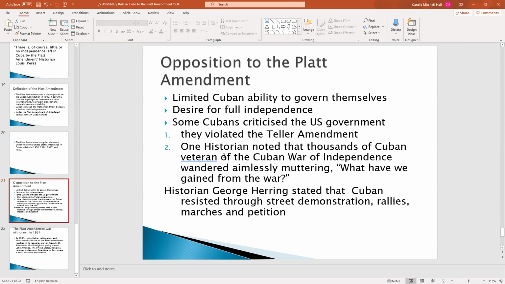And they started to ask themselves, what have we gained from the war? We took up arms ourselves, we fought two times for independence from Spain. But yet still at the end of the day, the Americans have full control over us. What have we gained from the war?